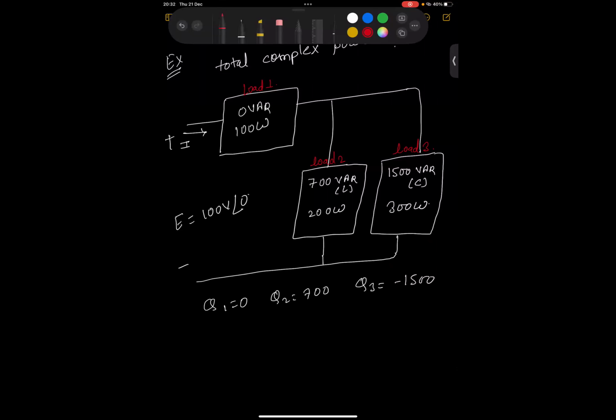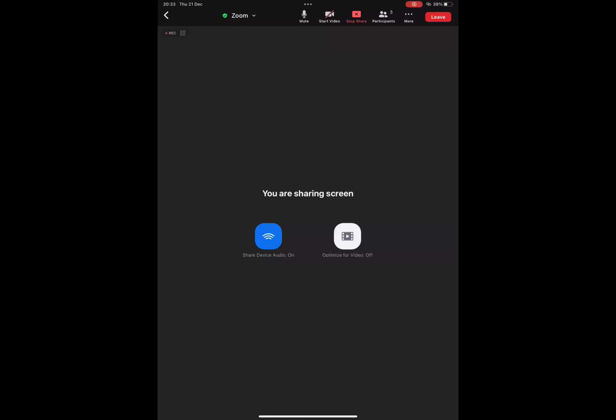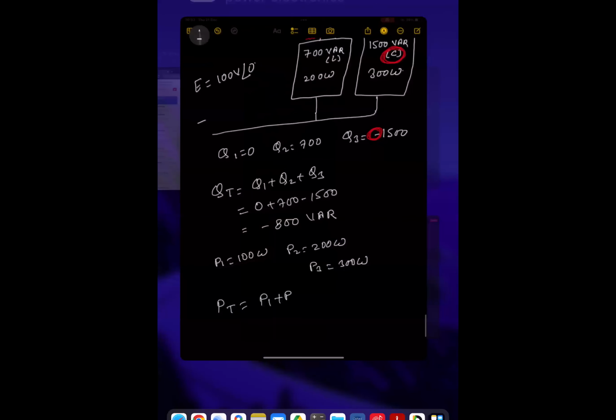Okay. P1 is 100 watt. P2 is 200 watt. See, P1, P2, P3, all three powers are given.